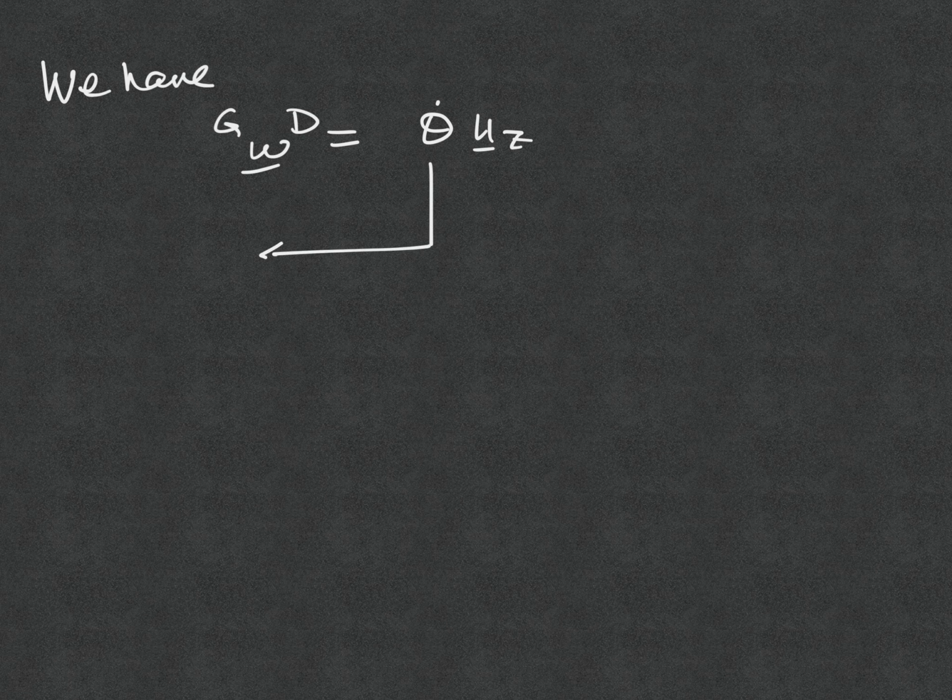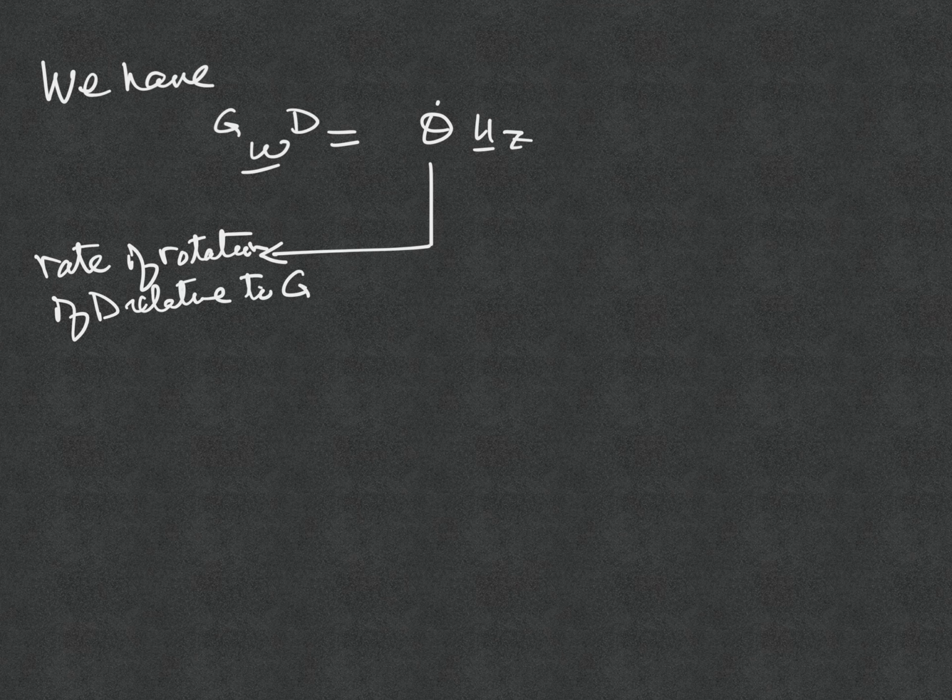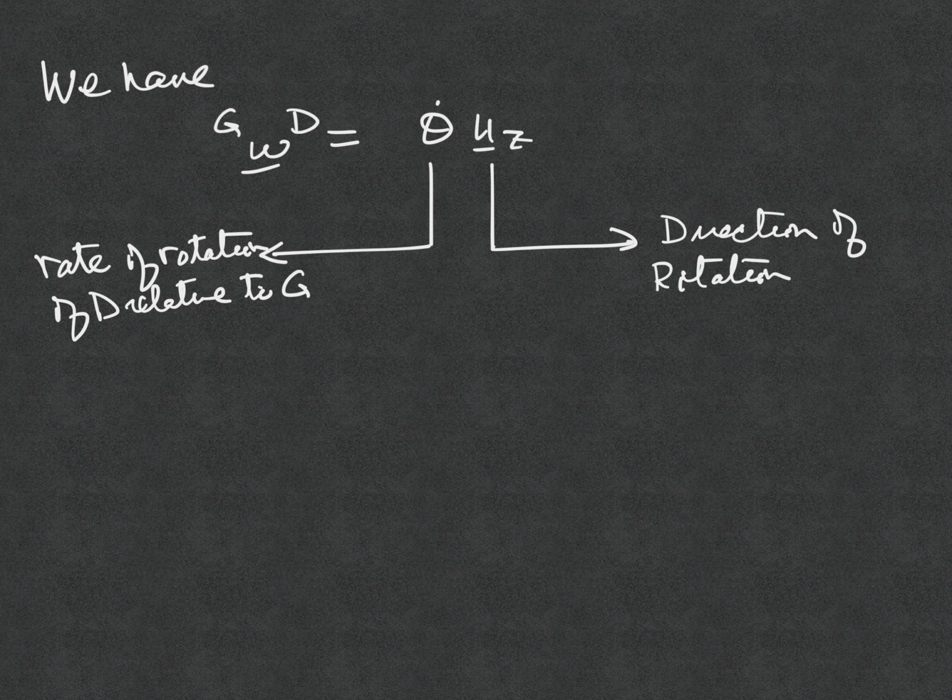Now this quantity right here is the rate of rotation of D relative to G. This quantity right here is the direction of rotation of D relative to G. It's really important to understand that the plane of rotation is the EX, EY, or UR, U theta plane, but the axis of rotation is orthogonal to that plane.